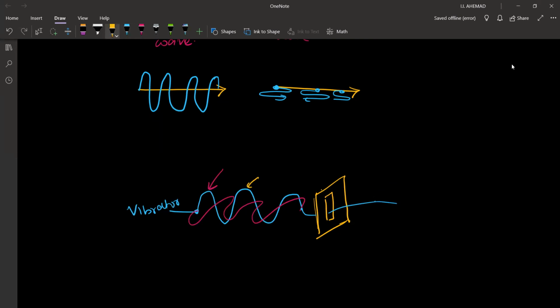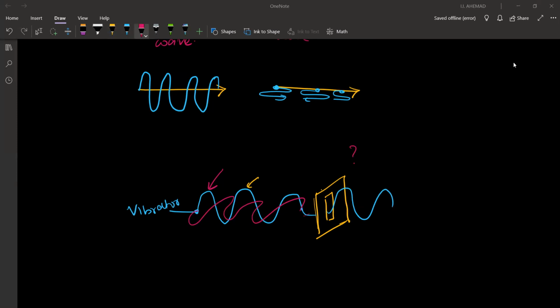So now when you're vibrating up and down, this string can vibrate up and down through this cardboard. So you will receive the wave that is vertical. Think about the wave that is horizontal. Can the wave that is horizontal pass through the slit? No, right? It cannot pass through that.